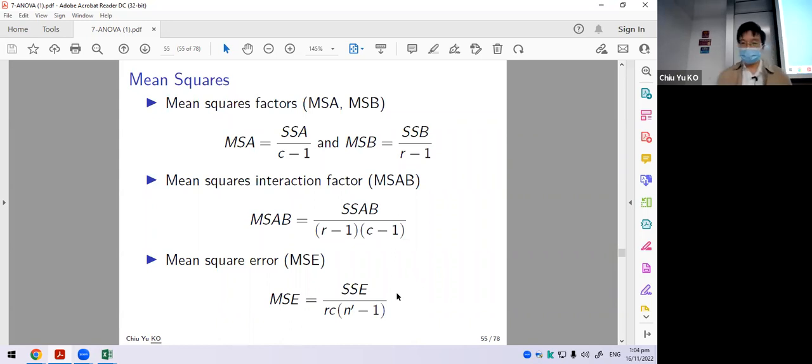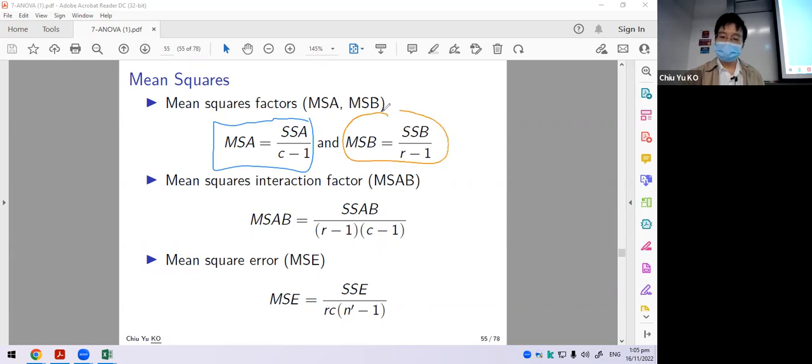So SSA, remember, is you try to look at the variance based on the college difference, without regard to difference within college. And the same here, this is the variance among faculty, and you just forget about the difference among colleges.